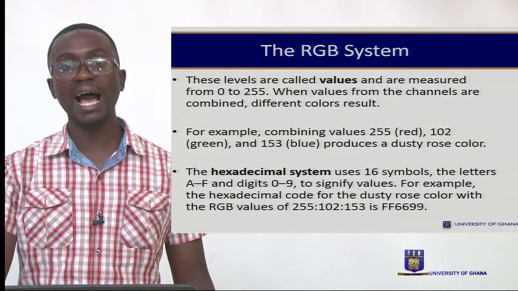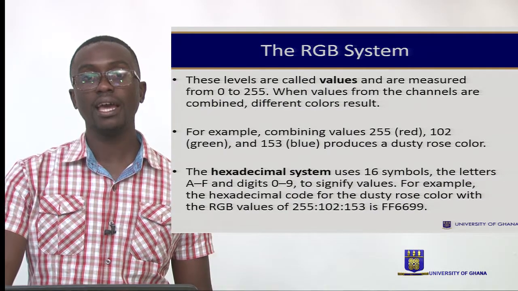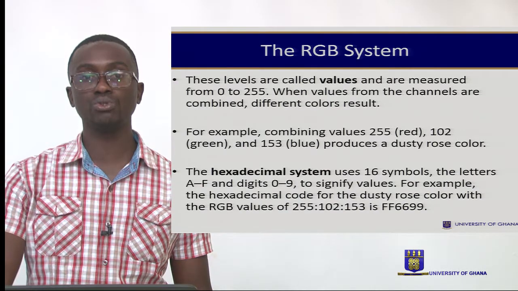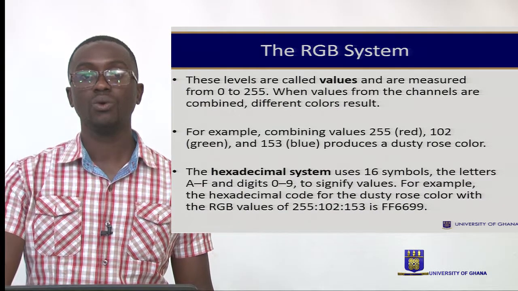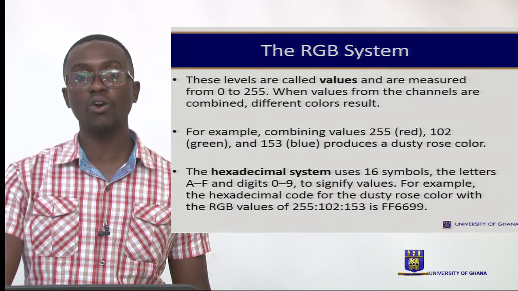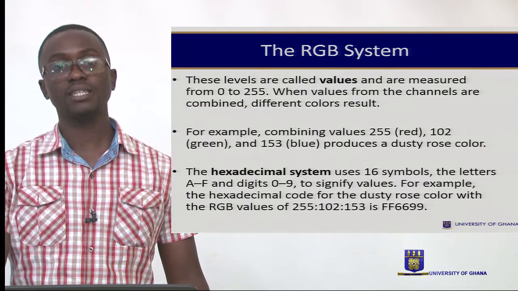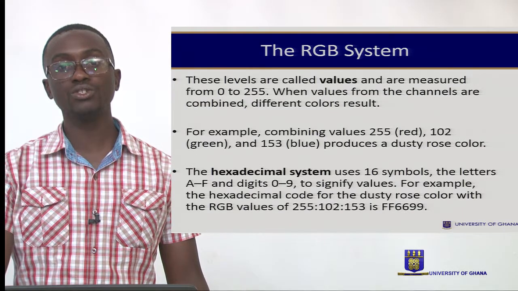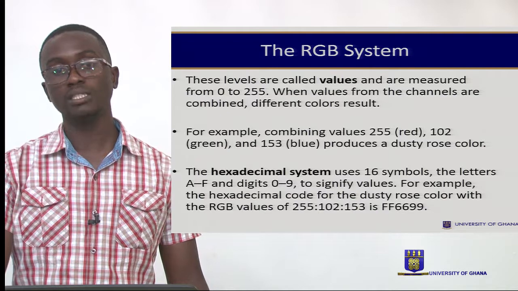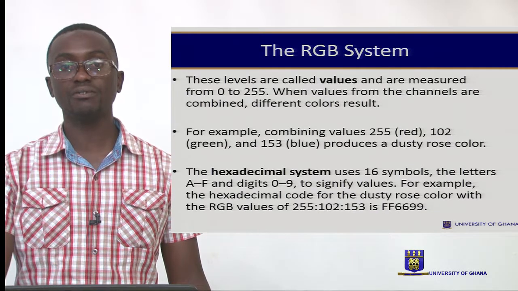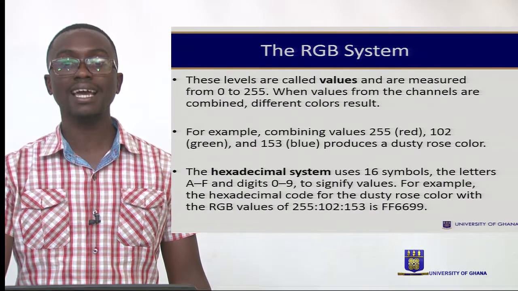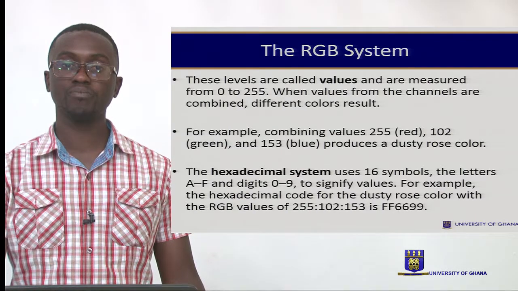These levels are called values and are measured from 0 to 255. When values from the channel are combined, different colors result. For example, combining values 255 red, 102 green, and 153 blue produces a dusty rose color.